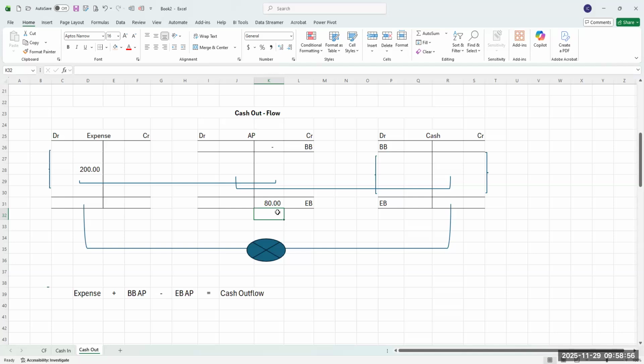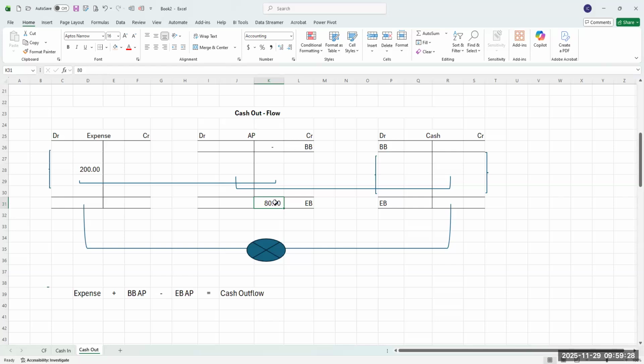Hold on a second. Did I pay for my expenses? Did I pay all the $200 first? If I have an ending balance on accounts payable, do I owe the people money? Yes, Prof. Okay, how much do I owe them? I purchased 200, but currently I owe them money.